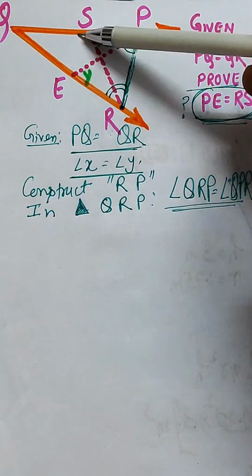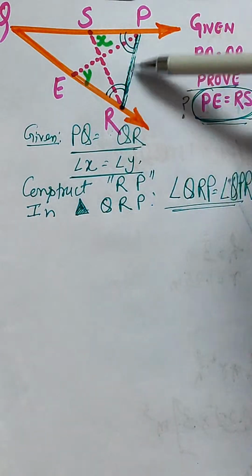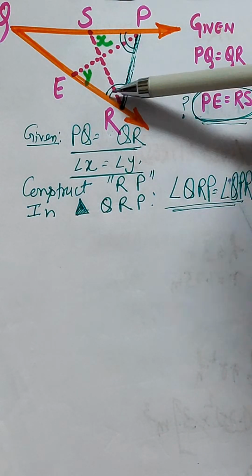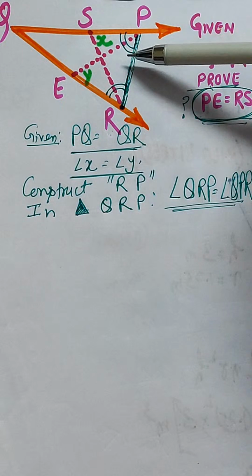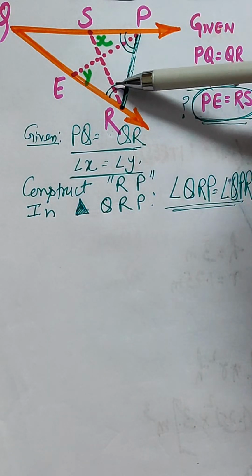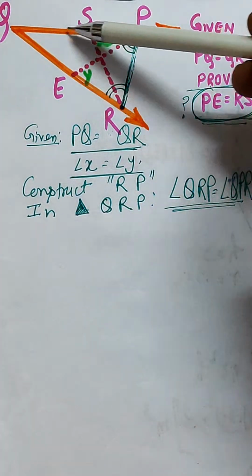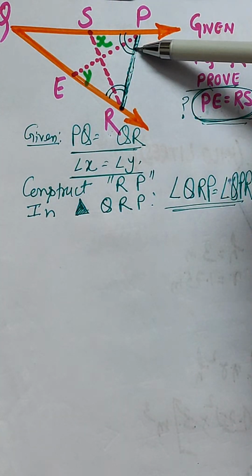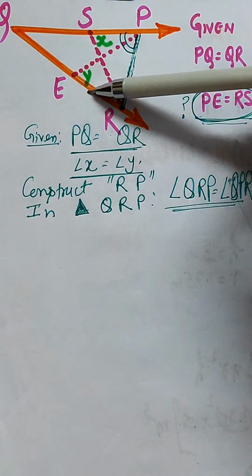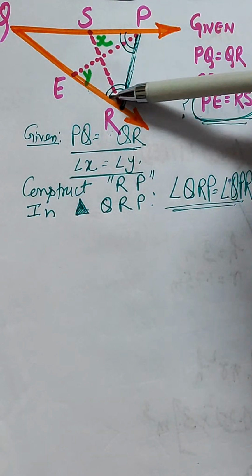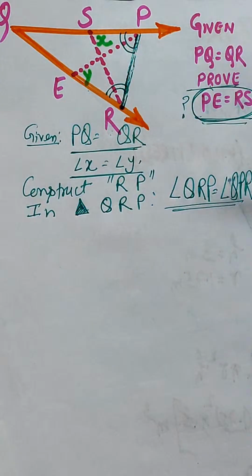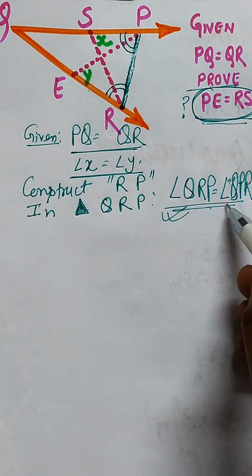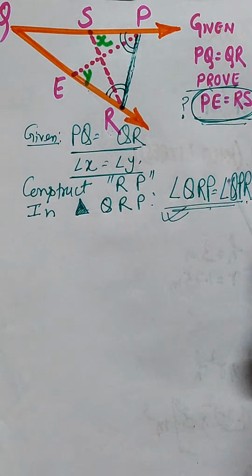Since these are the two equal sides of the triangle, and you know that equal sides will be forming equal angles, because the angle formed by sides QP and QR is angle QPR, and since these two sides are equal, angles opposite to the equal sides are equal. So that's why angle QRP is equal to angle QPR.